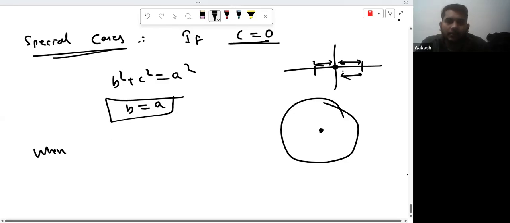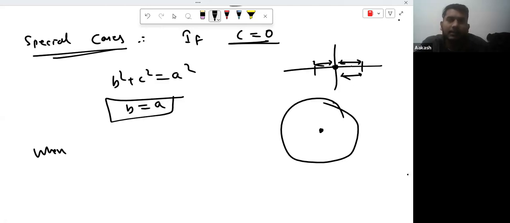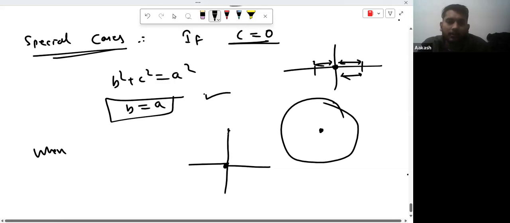And you made this 0. That means the focus and the origin lie at the same point. And from this equation, we got the semi-major axis and semi-minor axis both equal. So all these points are equal, and if you join all of them, what you get is a circle.